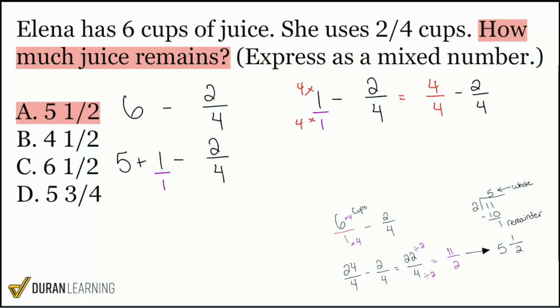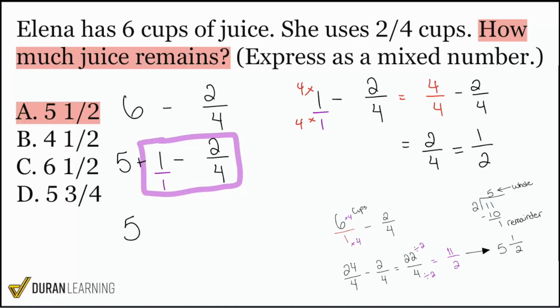What's 4 minus 2? Yeah, that'll just be 2. And help me out one more time. 2 over 4 is the same thing as what? 2 over 4 is the same thing as half. 2 is half of 4, so we can simplify that. That'll be 1/2, and so I can replace all of this right here with 5 and 1/2.